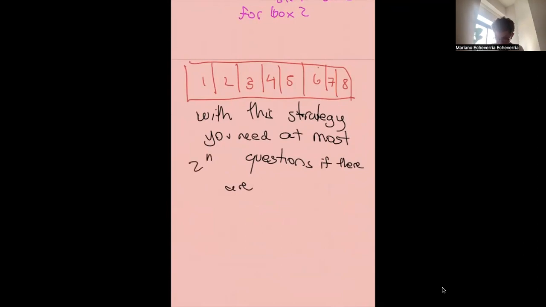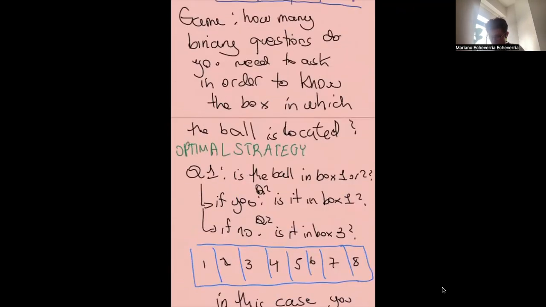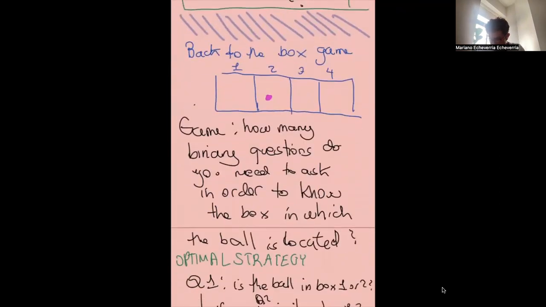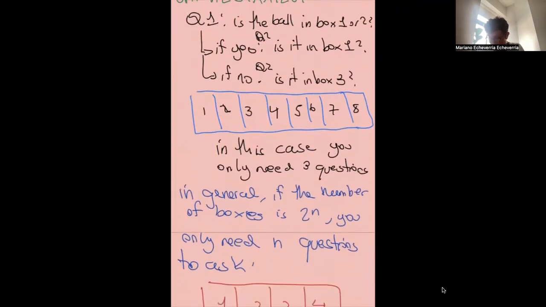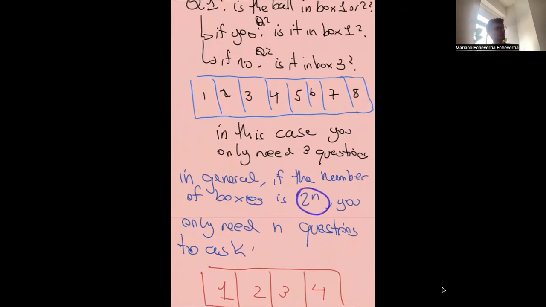So let's just keep it to 2 to the n boxes. Now it looks like a difference, because it's the number of boxes minus 1 versus the other strategy, where the number of questions was always n, the exponent, when you write the number of boxes as a power of 2.